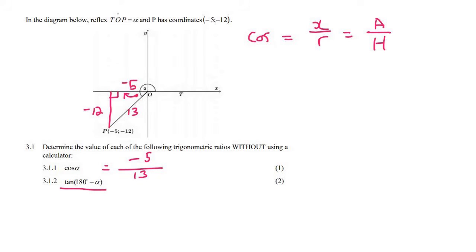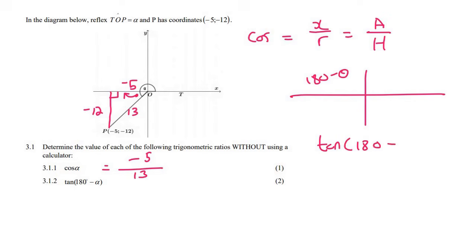Then tan of 180 minus alpha. Now they're trying to confuse you here. You just need to know on your CAST diagram that when you have the tan of 180 minus anything, like 180 minus x, that just becomes tan x, but because tan is negative in the 180 minus quadrant, you just put a negative. So this just becomes negative tan alpha.